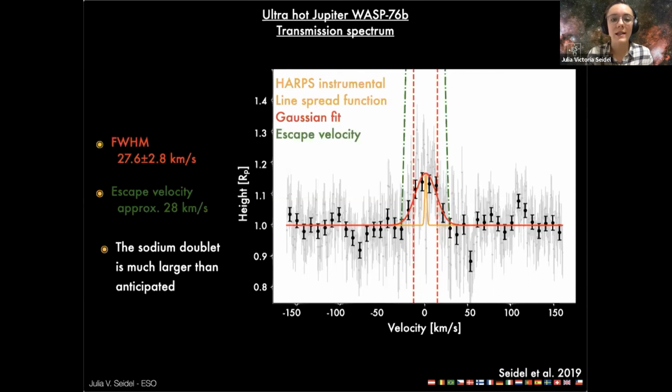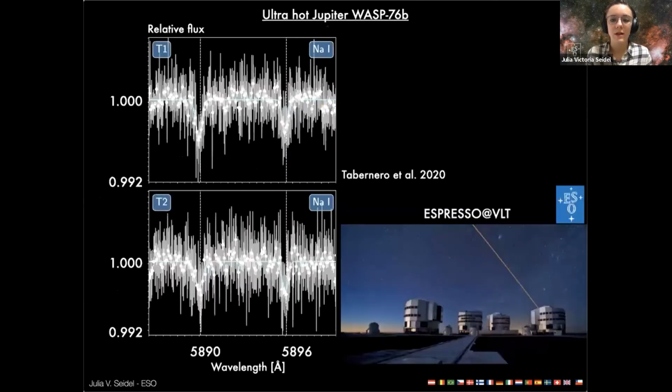But we all know science is only as good as it is reproducible. So years later, Tabernero et al. in 2020 used WASP-76 data obtained with the updated ESPRESSO spectrograph at the Very Large Telescope here at the Paranal Observatory of ESO.